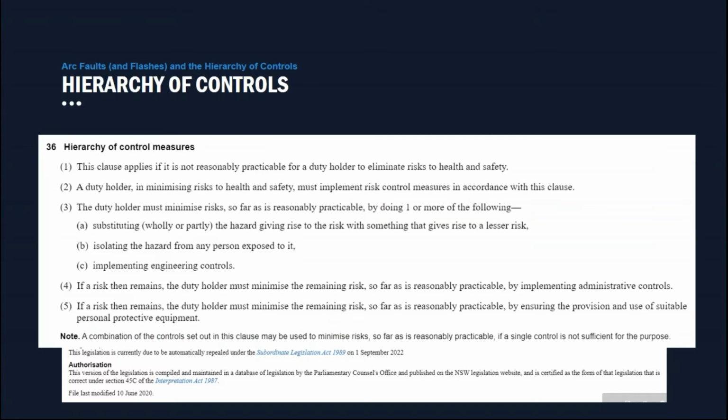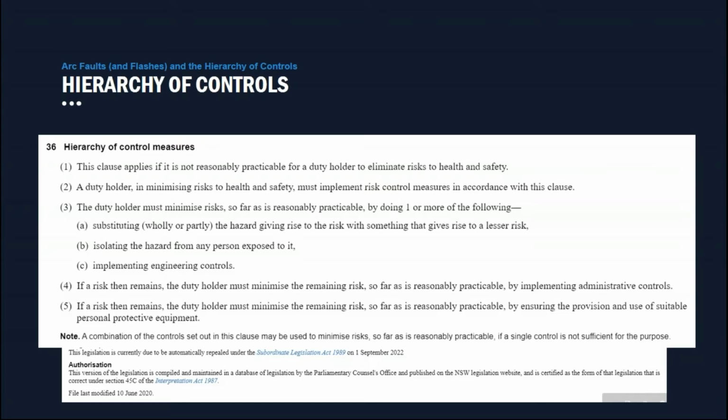But in here, if we go and have a look at clause 36, it actually talks about the hierarchy of control measures. And it starts off saying that if it is not reasonably practical to eliminate the risk, then you must follow clause 3 here that says, as far as is reasonably practical, you must substitute for the hazard, isolate the hazard, or implement engineering controls.